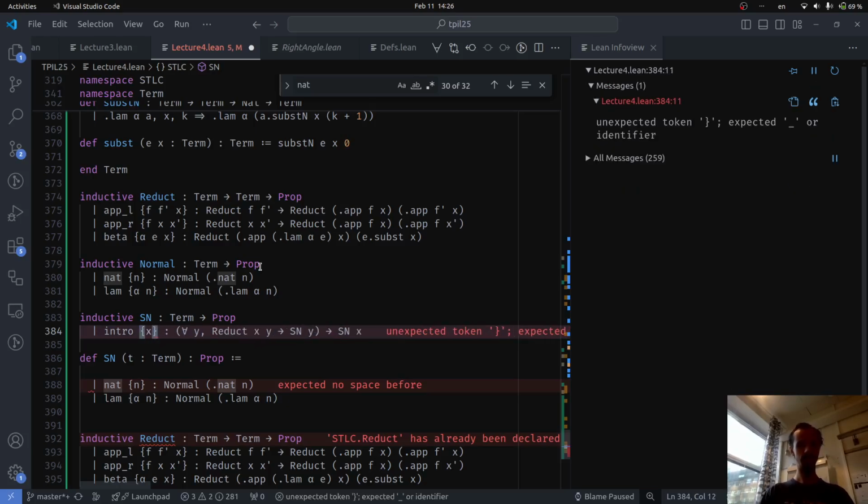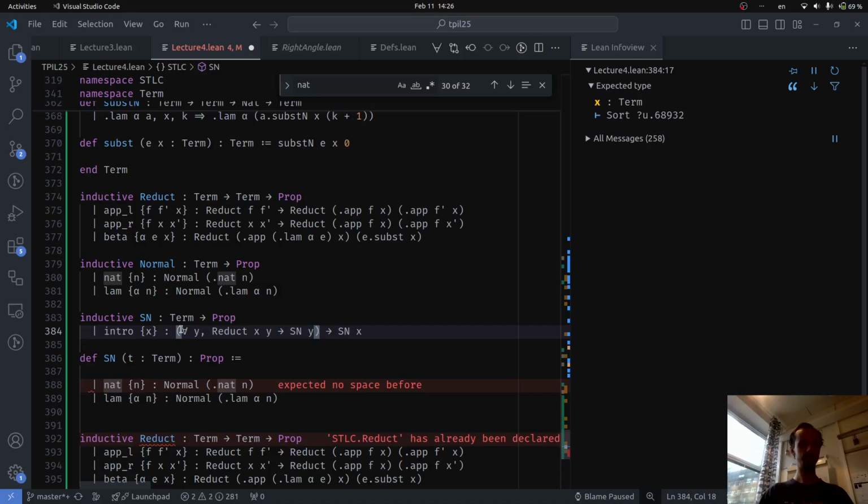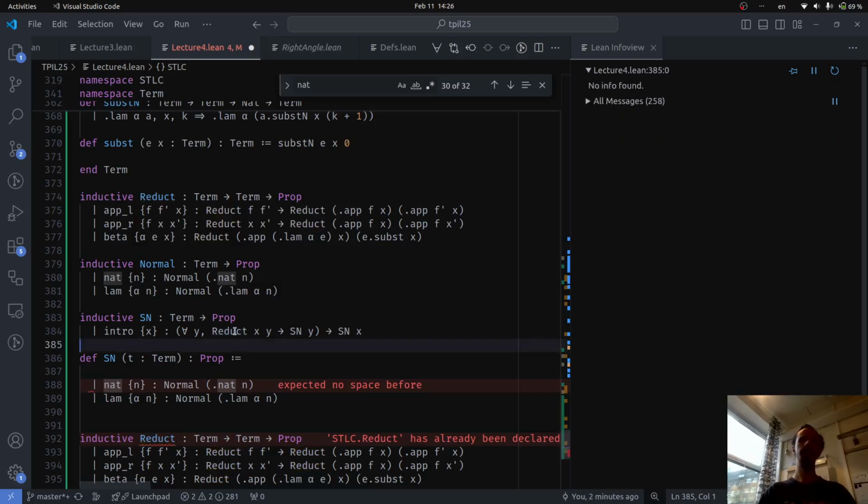So this is sort of well founded by the relation of being reduced.